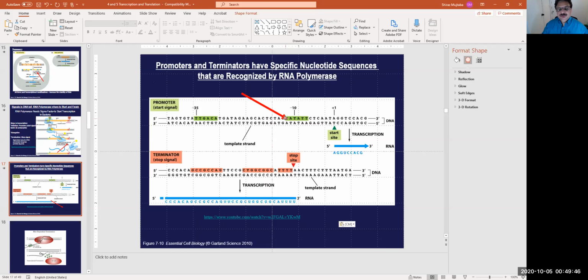One of these sequences is called the theta sequence, T-A-T-A-T-A, or the theta box. This is located at -10 and is very conserved amongst various species. The second conserved region is called the -35 region of the promoter.